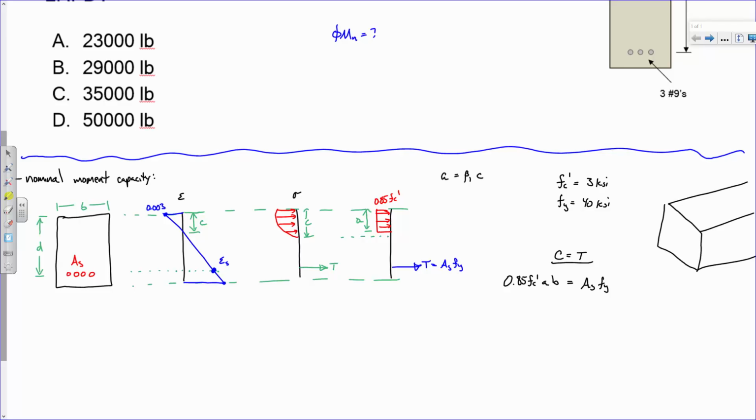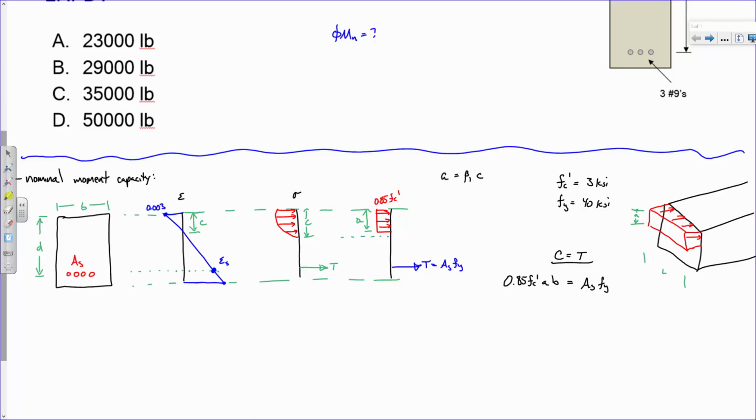So here's the beam in 3 dimensions, right? And so the stress block kind of looks like this. My 3-dimensional art is not very good today. So this dimension is a.